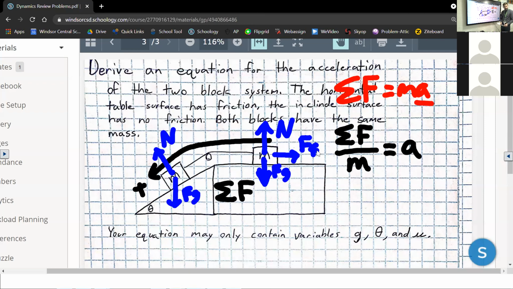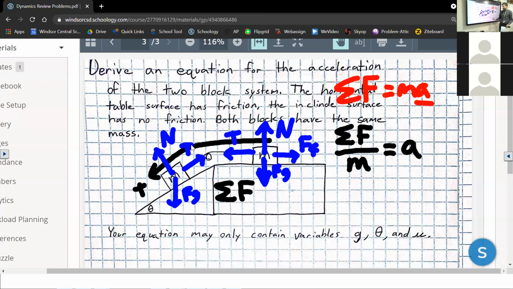One more. How is this block going to get pulled? Tension. We got tension. Now, honestly, if the problem was to draw the free body diagram, you need to draw tension in order to be correct.